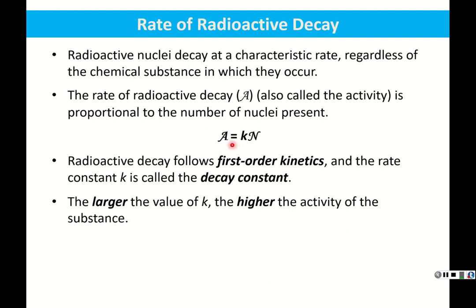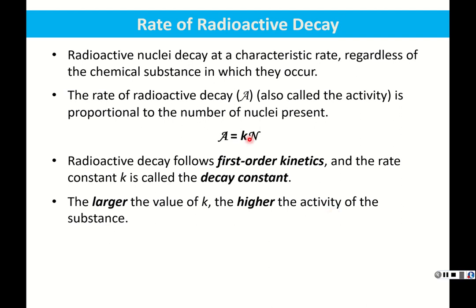So that radioactive rate or activity A is equal to k, a rate constant, times N, where N represents the number of nuclei present. So it follows what's known as first order kinetics, and the rate constant k is called the decay constant. The larger the value of the decay constant, the higher the activity of the substance, right?